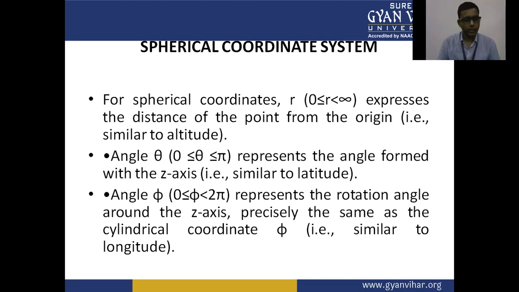The angle phi lies from 0 to 2 pi and represents the rotation angle around the z-axis, precisely the same as in the cylindrical coordinate. Phi is similar to longitude.